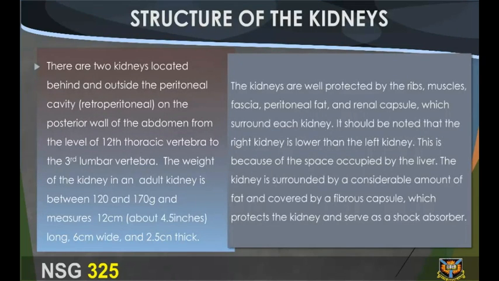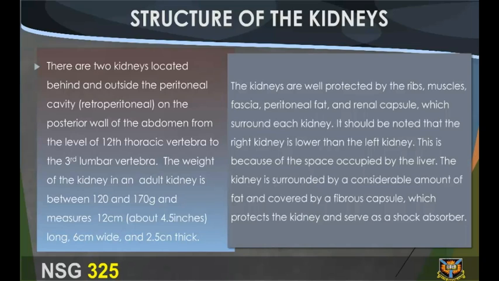Structure of the kidneys. There are two kidneys located behind and outside the peritoneal cavity, retroperitoneal, on the posterior wall of the abdomen from the level of the 12th thoracic vertebra to the 3rd lumbar vertebra. The weight of the kidney in an adult is between 120 and 170 grams and measures about 12 centimeters or 4.5 inches long, 6 centimeters wide, and 2.5 centimeters thick.